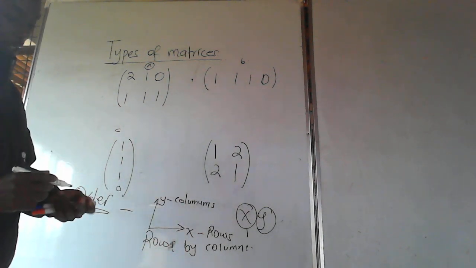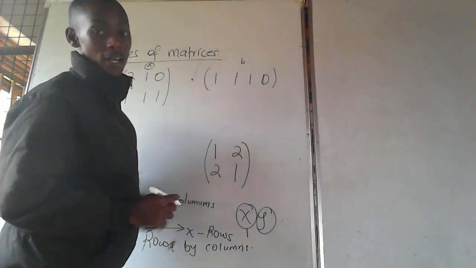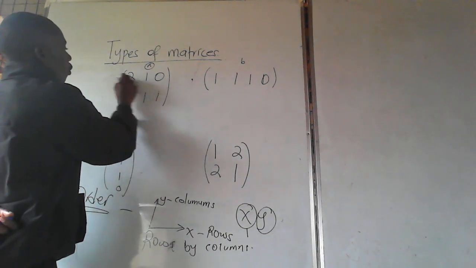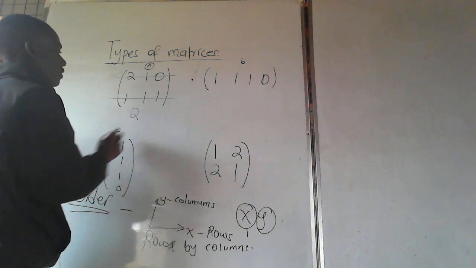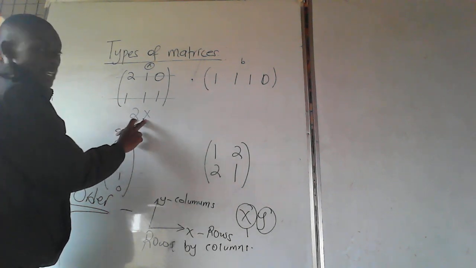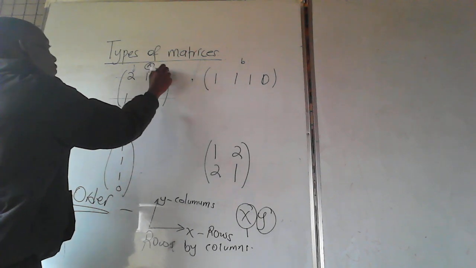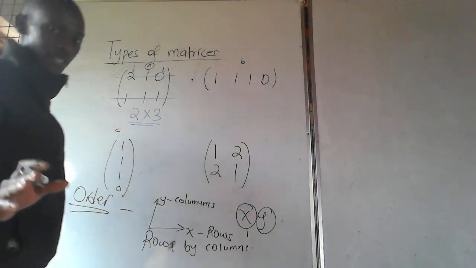So let us state. Let us start with this. This is 1 2, so 2 rows, by 1 2 3 columns. This is a 2 by 3 matrix. Let us continue.